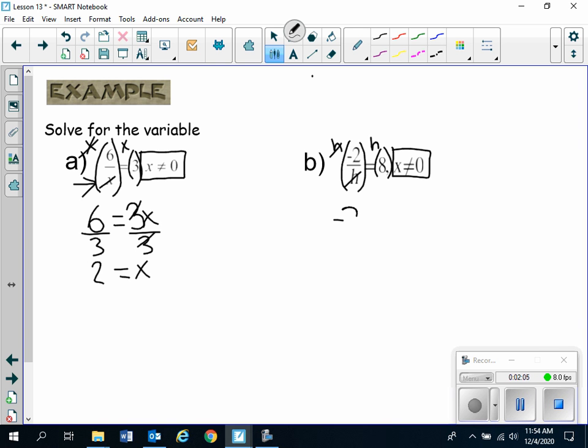The h's on the left side cancel out, and we get negative 2 equals 8h. h is still not alone, so we'll divide by 8. Negative 2 divided by 8 is negative 1 over 4, or you can write it out as negative 0.25. Good.